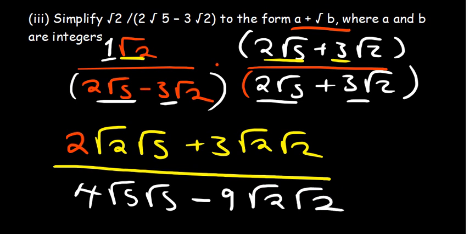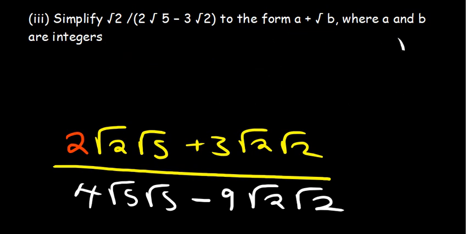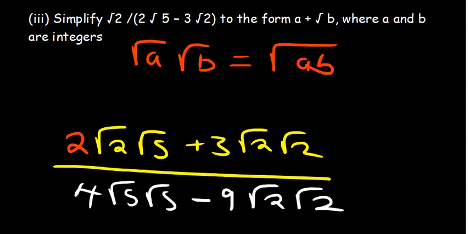Okay. So now let me remind you of some of the things that you have to understand whenever you're dealing with surds. Some of the rules that you're supposed to know is, whenever you're multiplying things like this, it's basically the same as combining them as root of a times b.